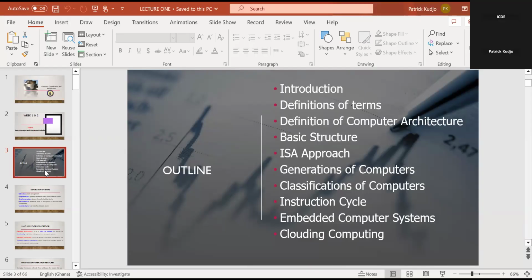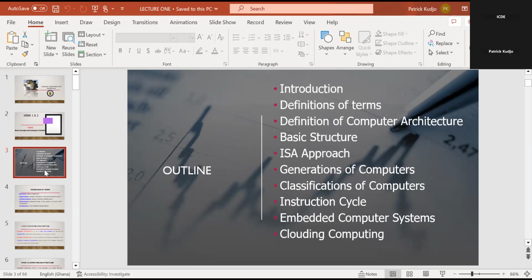ISA approach, generations of computers, which is not new to you because you did that in fundamentals of computing. Classifications of computers was done in fundamentals of computing. That's the good aspect of having some of these introductory or fundamental courses.